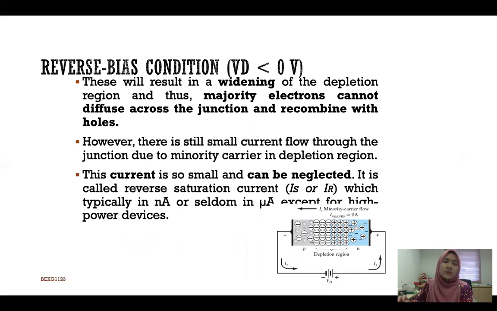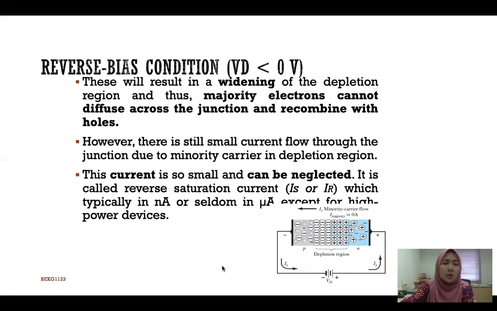When the depletion region width is widened, the majority of electrons cannot diffuse across the junction and recombine with the holes. Thus, it will result in a small current. Since this current is very small, it can be neglected.